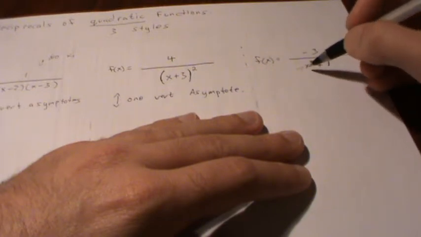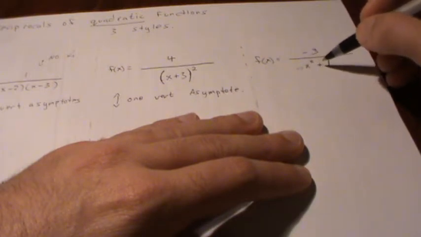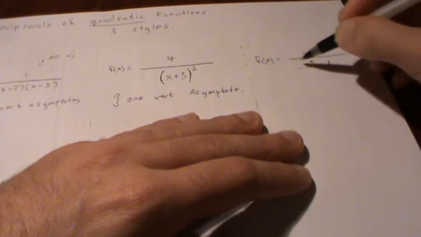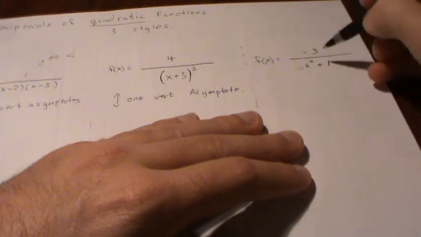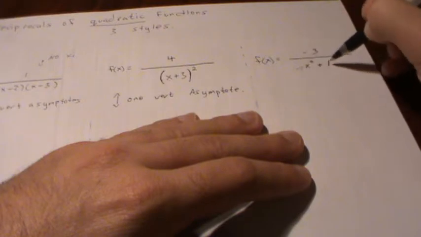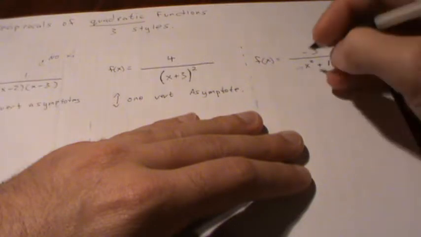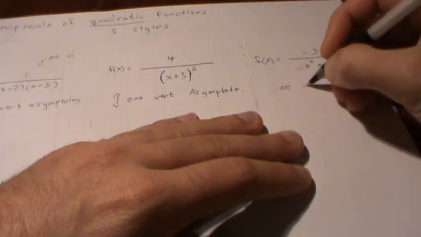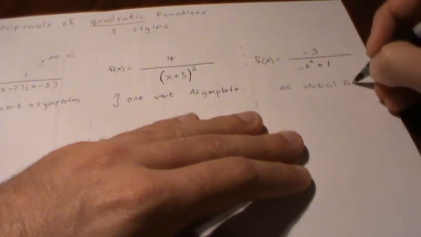No matter what happens to this, x squared is going to be positive. And then if I take any positive number and add 1 to it, in the end the denominator will always be positive. So since the denominator will always be positive, you will never get a 0 in the denominator, and this has no vertical asymptotes.